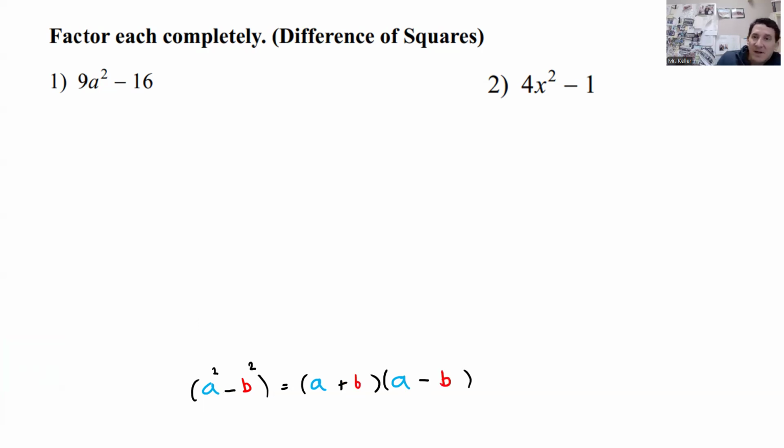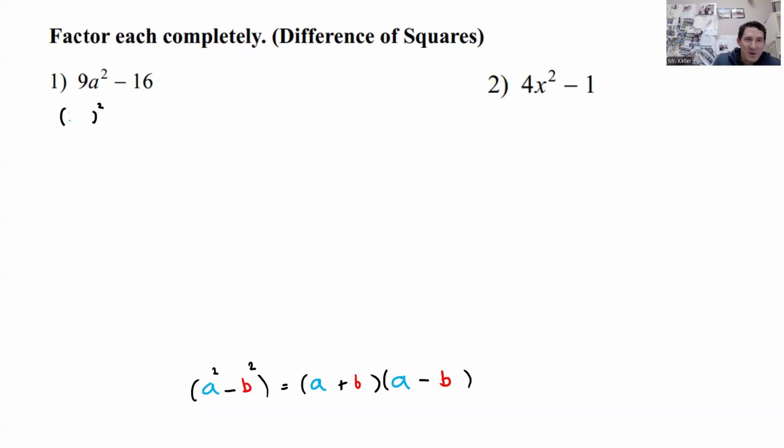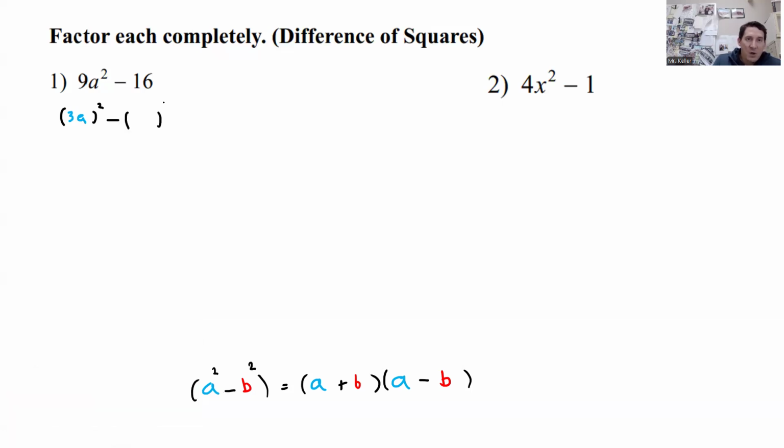All right, so we need to identify the a and b. So here, 9a squared. Square root of 9 is 3. Square root of a squared is a. So 9a squared is the same thing as 3a squared. Minus 16, that is the same thing as 4 squared.